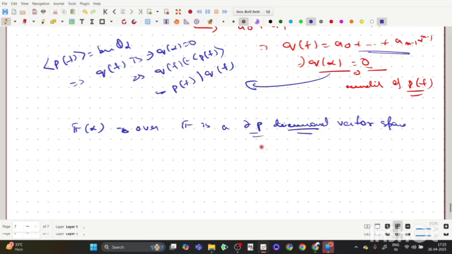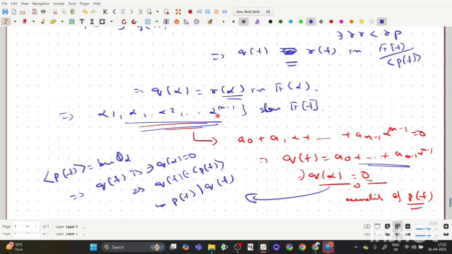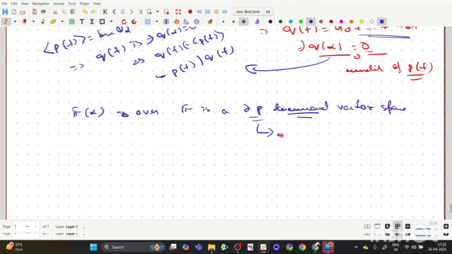An n-dimensional vector space means the basis consists of n elements, and this collection 1 to alpha to the power n minus 1 contains exactly n elements. I hope this is clear. So it is an n-dimensional vector space with basis 1, alpha, till alpha to the power n minus 1, where n is the degree of p. Is it clear?